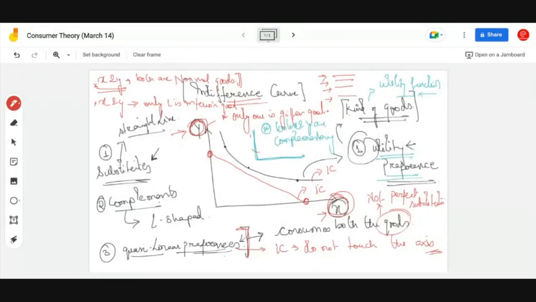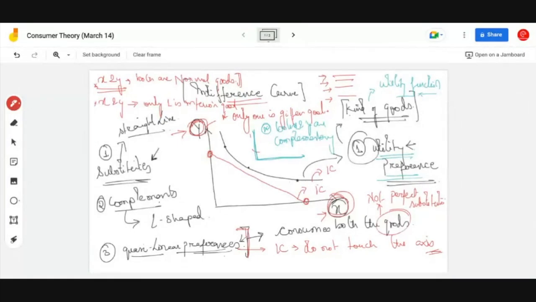So will you please brief these utility functions once again? I'm not totally clear with it. Like what you're not clear with? So in the case of substitutes, we have taken ax plus by. Why did we take the proportions here, like a and b?